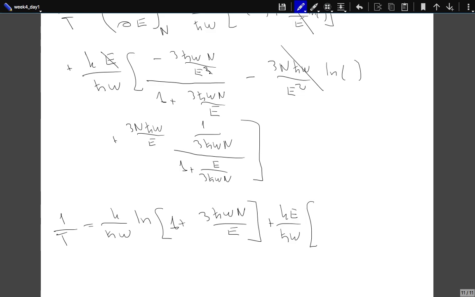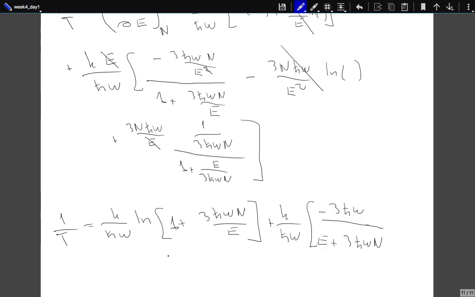This will cancel this one, and it will also cancel this one over there. Minus 3 h bar omega over E divided by, well, let me also make some simplification over there, 3 h bar omega over E plus 3 h bar omega n.